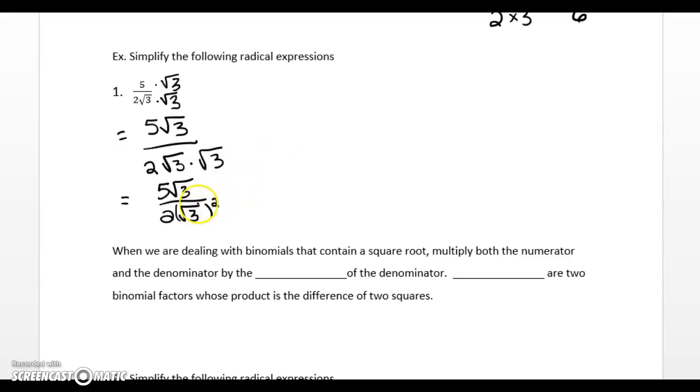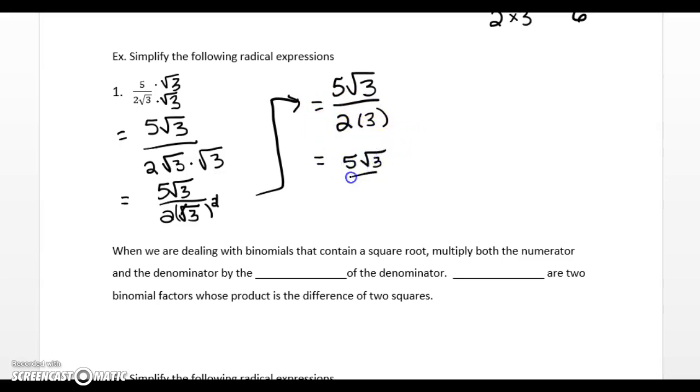And we know that a square will cancel out your square root. So you'll be left with 5 square root of 3 over 2. Your square cancels out your square root, and all you're left with is 3 here. So it'll be 2 times 3. Then we can simplify this fraction by multiplying those two numbers on the bottom, and we're left with 5 square root of 3 over 6.